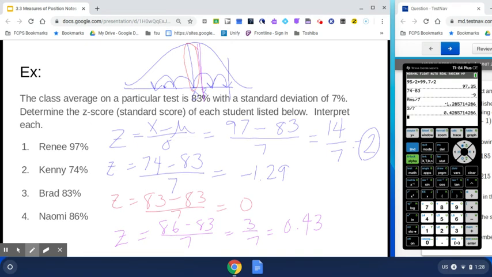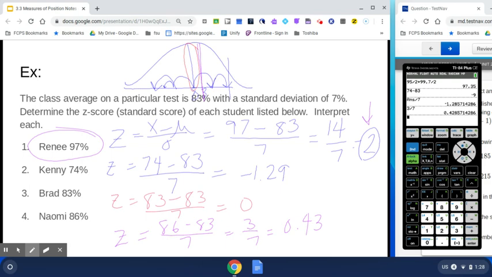So for this particular example, Renee has the largest z-score. Her z-score was 2. She was 2 standard deviations above the mean. So she did better relative to the rest of her class. She's higher above the mean. Since we're talking about z-scores for tests, obviously you want to do well on a test.